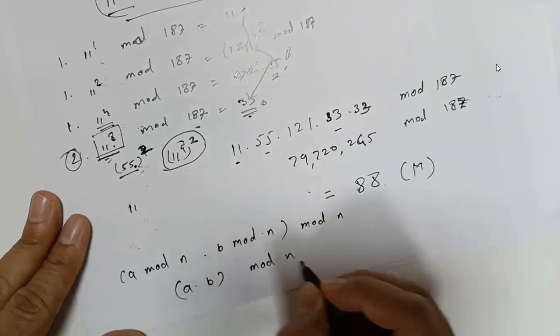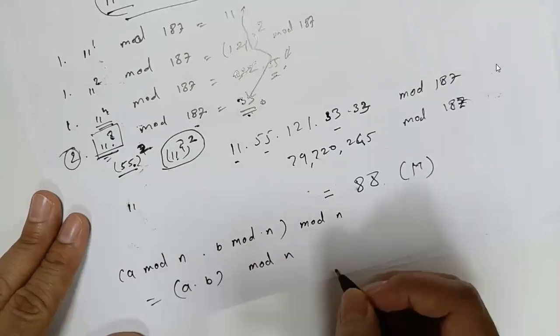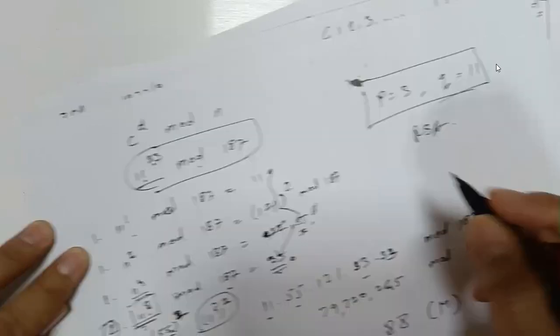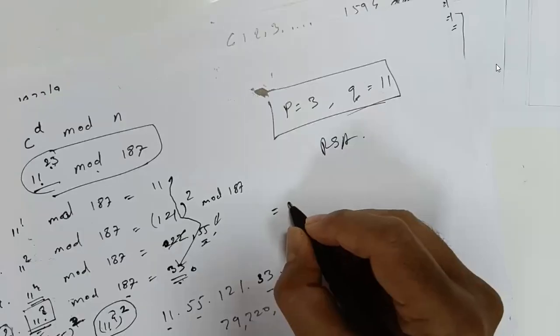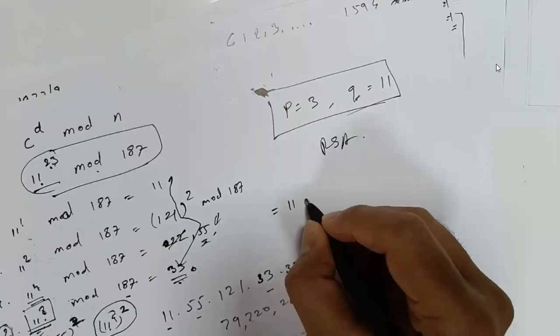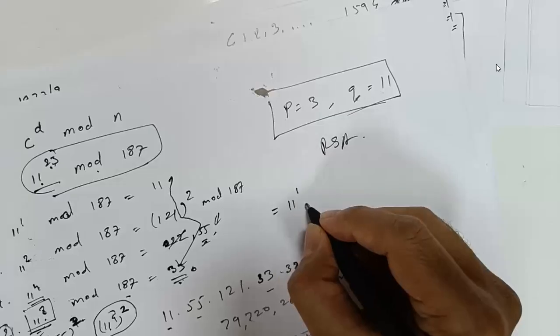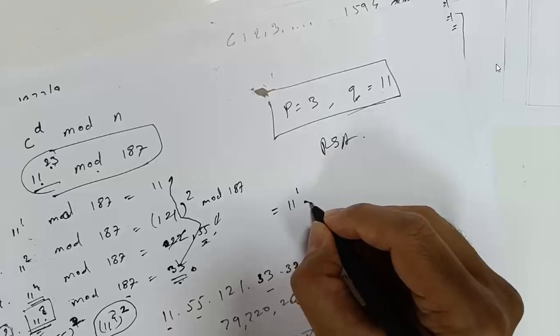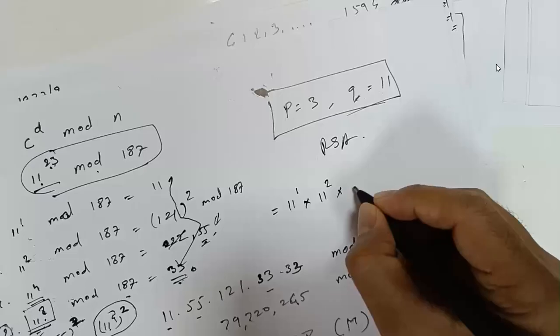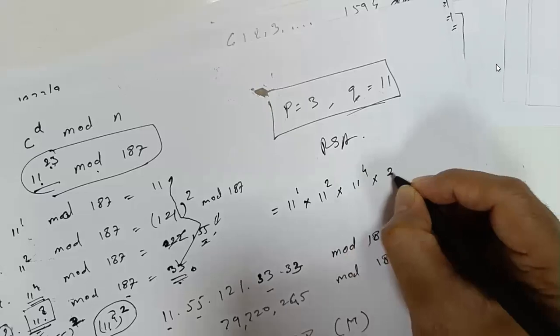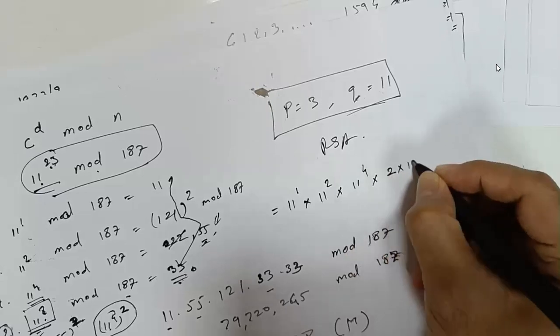So this is the property that we have used here. So what we want to find out is 11 raised to 23 mod 187, that we have written as 11 raised to 1 into 11 raised to 2 into 11 raised to 4 into 2 into 11 raised to 8.